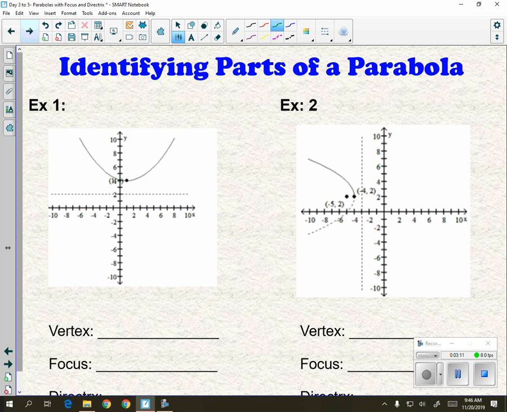Going on to identifying parts of the parabola. Your vertex, the turning point, which is right here, has a coordinate of 1, 4. We know that the focus is supposed to be inside of the parabola, but right now I don't see any coordinate there. So instead I'm going to go on to what the directrix is.